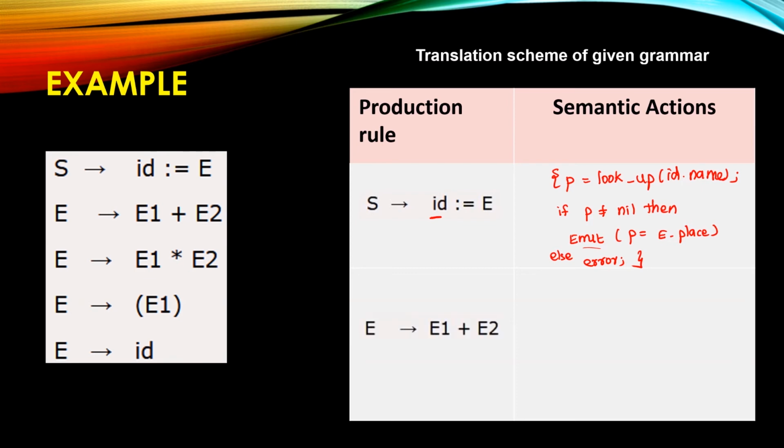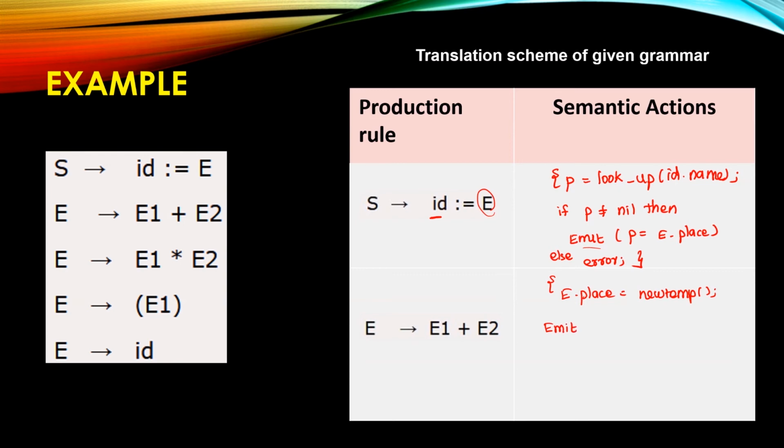Now for the next production, E gives E1 plus E2, let us write the semantic action. E.place contains our id value. So E.place equal to newtemp, which is used for generating new temporary variables.